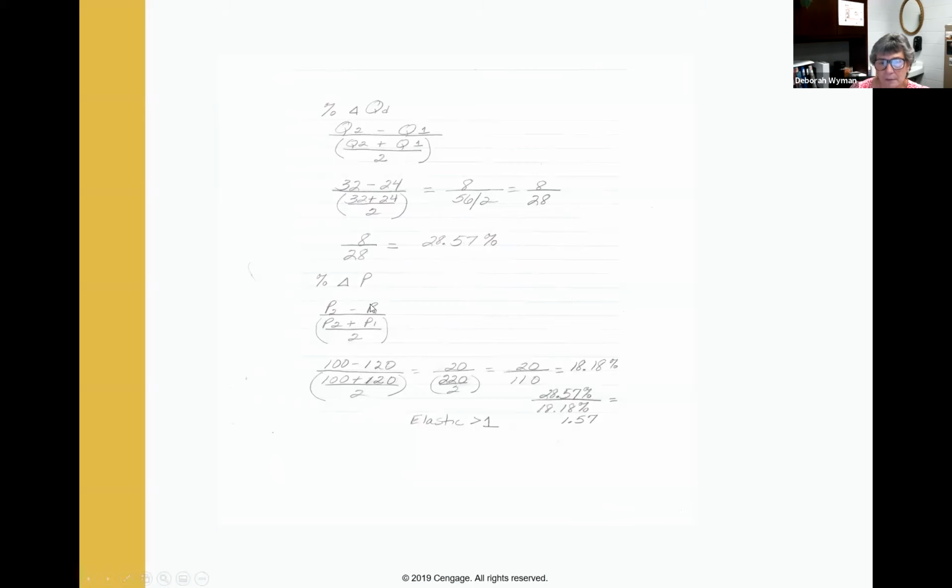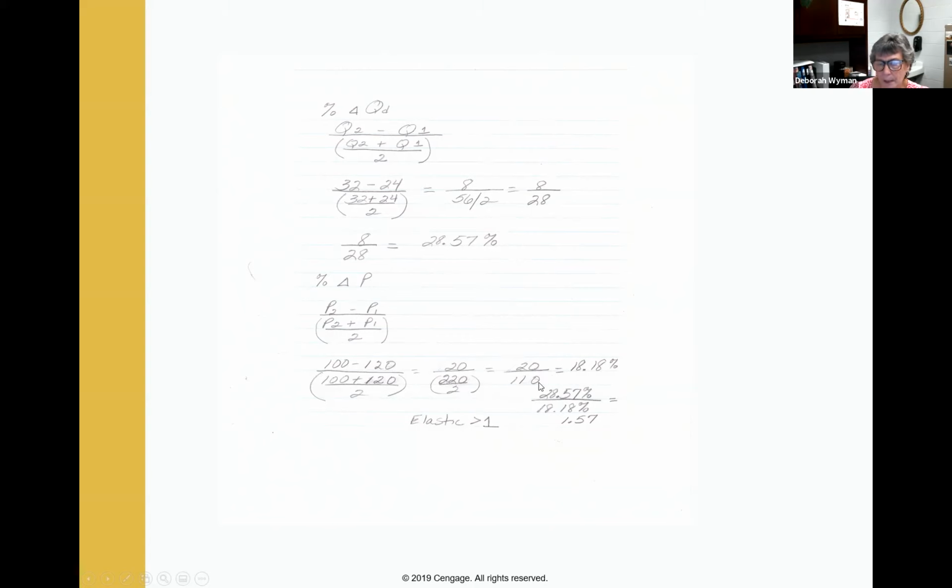Then you have percent change in price. So P2 minus P1 over P2 plus P1 over 2, again in parentheses, is 100 minus 120 equals 20. 100 plus 120 is 220 over 2, again, parentheses. So 220 over 2 is 110.